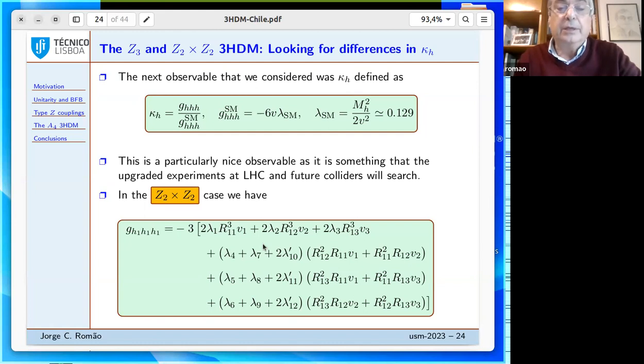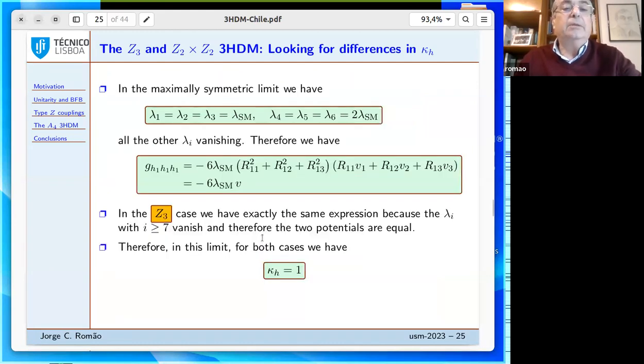Then you should have kappa lambda equal to 1, and you can check that because in the symmetric limit you have this relation for the couplings, with all the other lambda i for i bigger than 7 vanishing. Then in the end, this collapses to this, and now we use the properties of the orthogonal matrix R and the definition of the VEVs, and essentially this just collapses to the standard model value, which means that you have kappa lambda equal to 1.